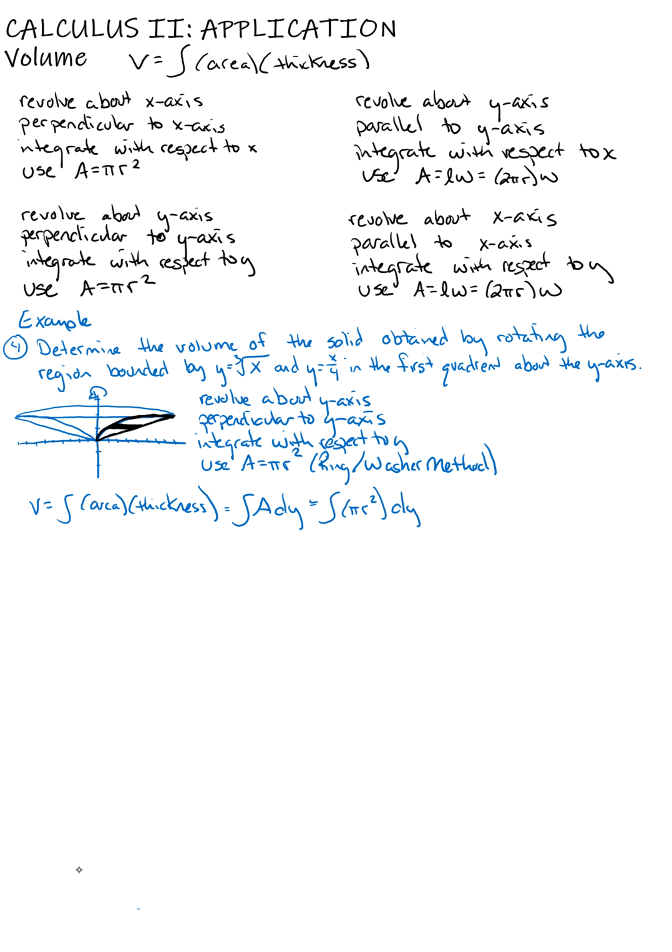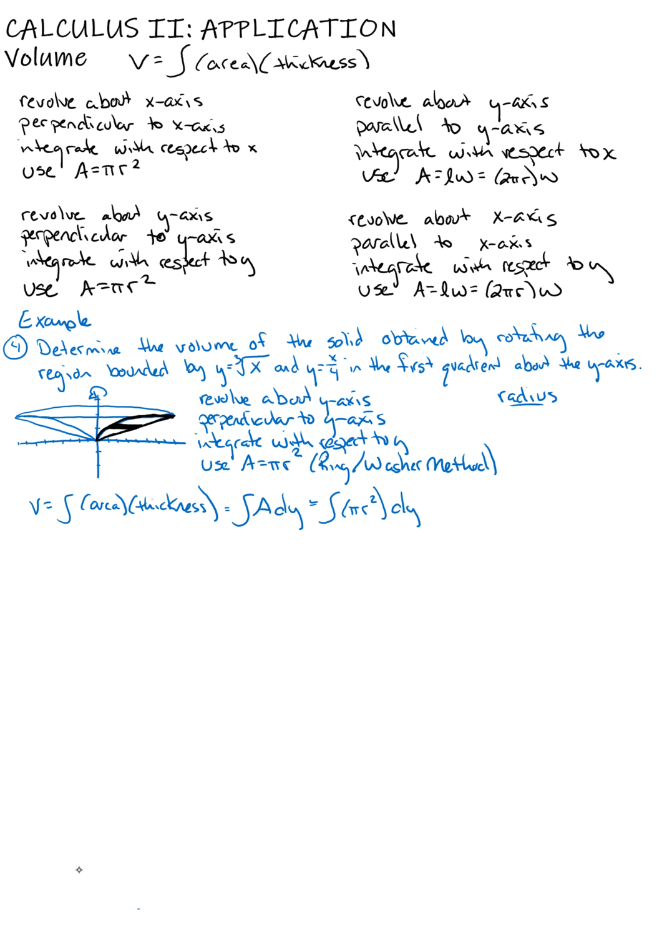What is the radius? Well, in this case, let's take a look. Our circles kind of go in this direction. There are the circles, and the radius would be from the y-axis out. So it's sort of like a y value.